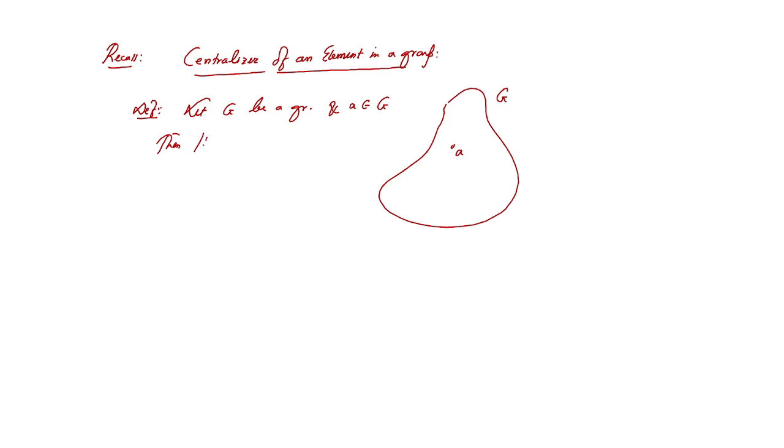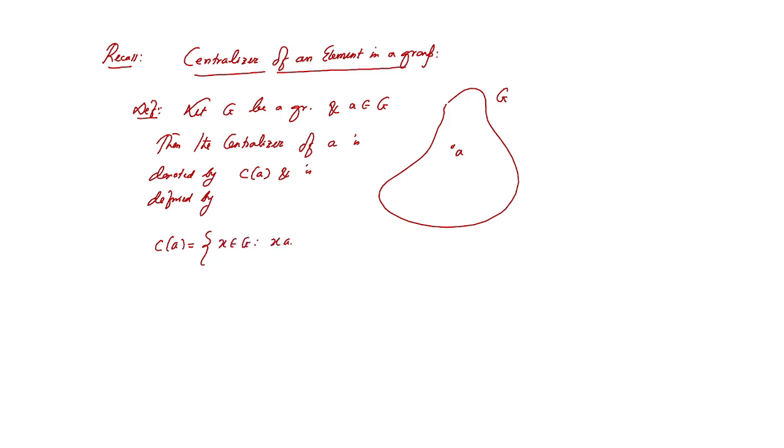Then the centralizer of A is denoted by C(A) and is defined by C(A) equals all those elements of G which commute with A itself. x A equals A x. So those which commute with A only come under the centralizer. Okay. So here, note 1.